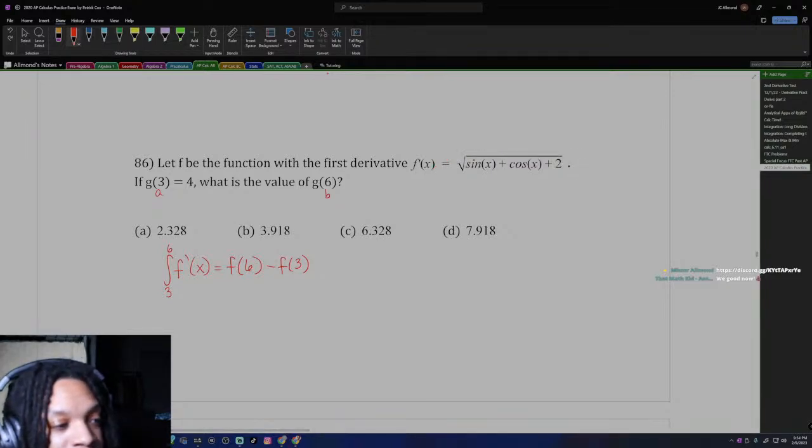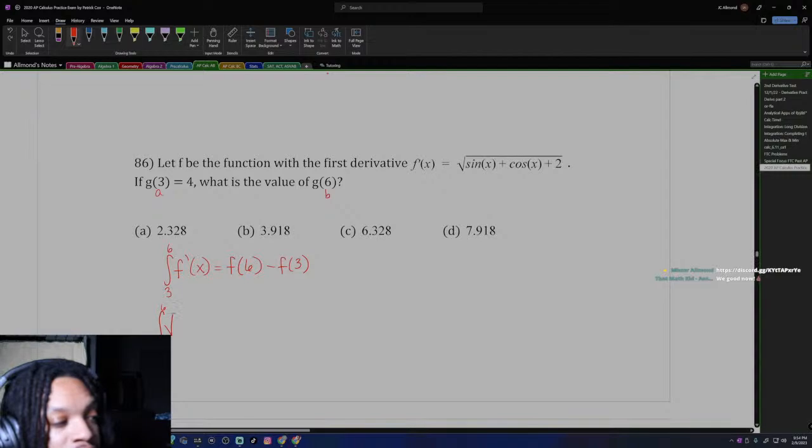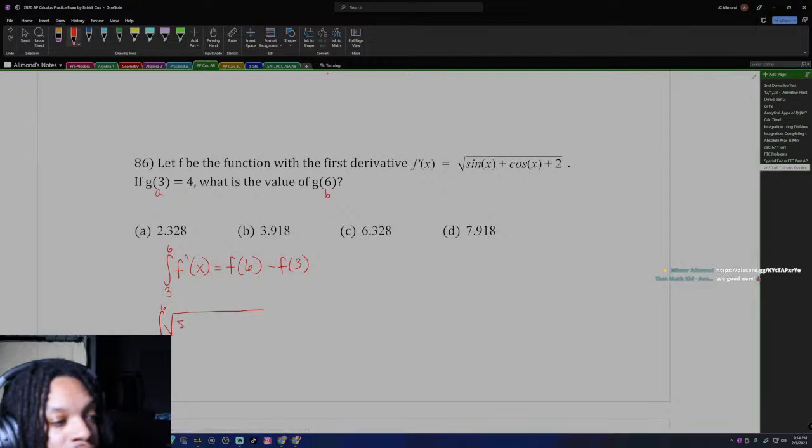I'll do the on-screen calculator so y'all can see what it looks like. But we're going to use the calculator to, actually, I'm going to rewrite this using the actual function instead of just f prime of t. But we're going to use the calculator to calculate the integral from 3 to 6 of all of that plus cosine of x plus 2 dx.